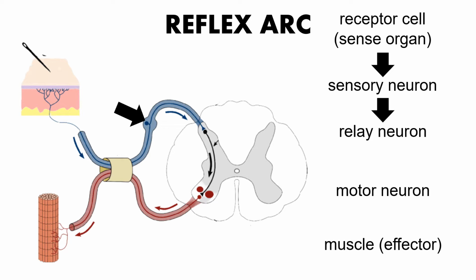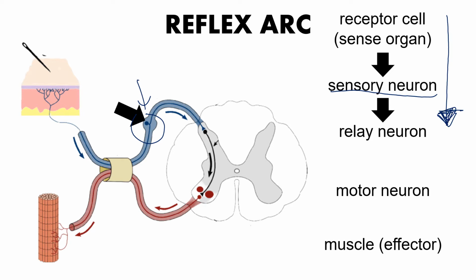We can easily differentiate between the sensory, the relay, and the motor neuron when we look at the cell body. As you can see, the cell body of the sensory neuron is located in the middle of the nerve fibers. So after the receptor cell will be the sensory neuron. Before I forget, what happens in between is that the impulse is transmitted.